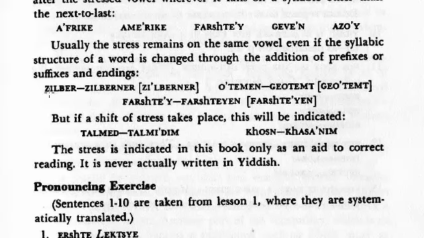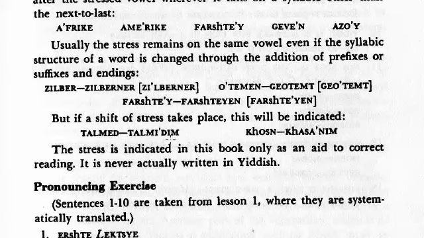It still stays where it stayed in the original. So it's Silber, Silberner. Atmen, geatemt. Versteh, verstehen. It doesn't move. However, when it does move, it will be indicated by the stress symbol.